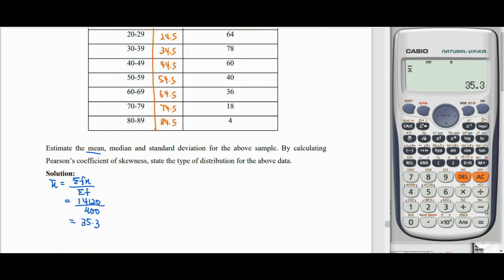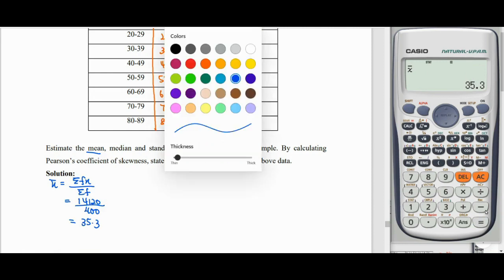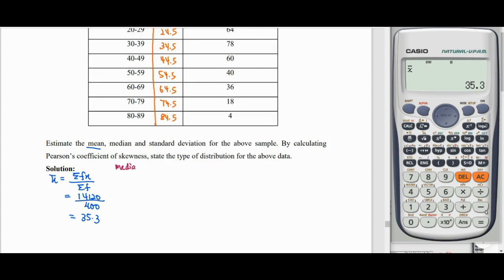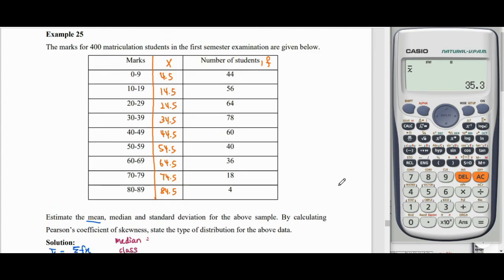Then we continue. For the second statistic that we need to calculate here, it will be our median. For the median of grouped data, you have to find where your location is and which is your class. So we have to total up our frequency.